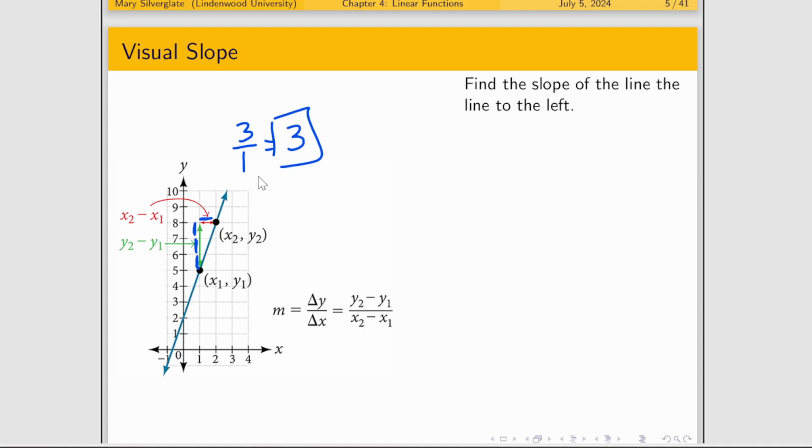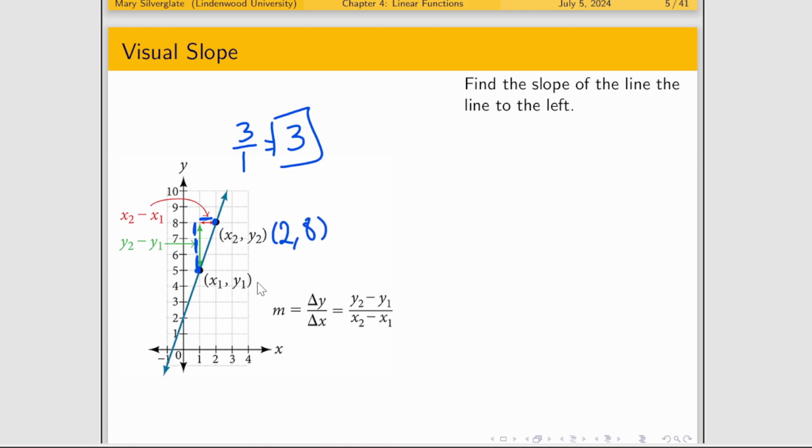That's completely fine. The only thing is if you're going to visually count it like that, you want to make sure that your axes are actually counting by ones. If they're counting by something else, you want to count accordingly. Another way that you can do this is by just using the formula and still finding it algebraically. So we'll note that this first point, x2, y2, for example, occurs at (2, 8), because we went over 2, up 8.